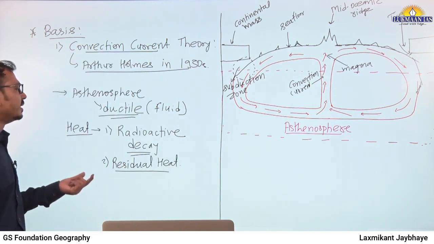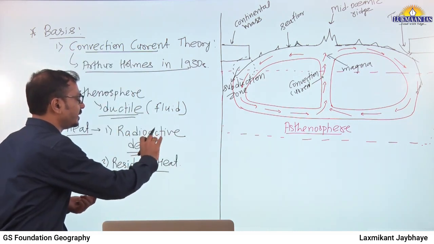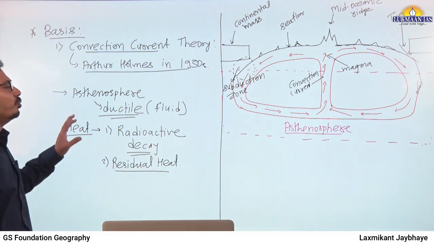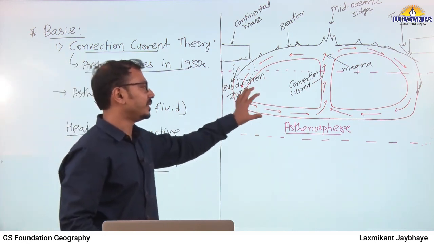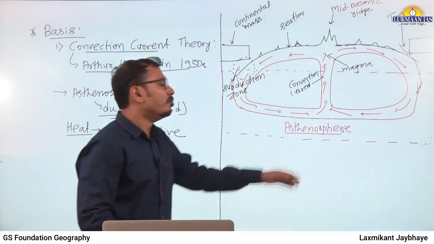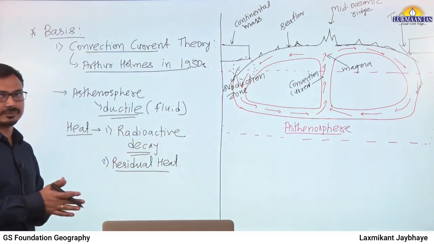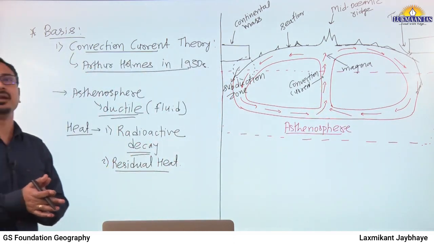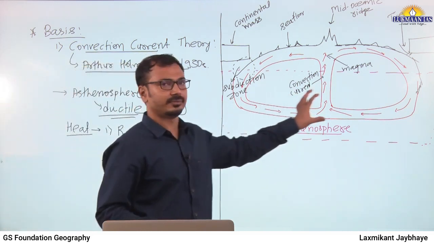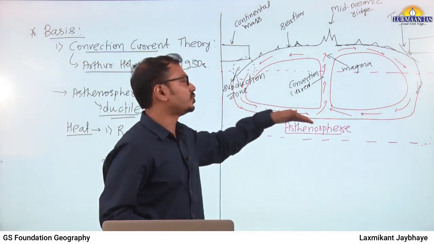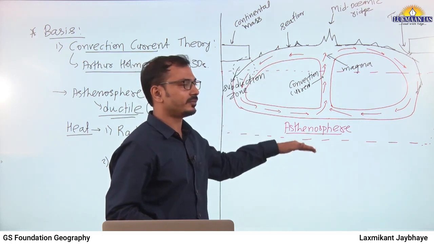That heat energy, and largely this radioactive decay, results in more and more heat or temperature in this particular region, melting the available material in this region. Now, this is actually the lithosphere part.